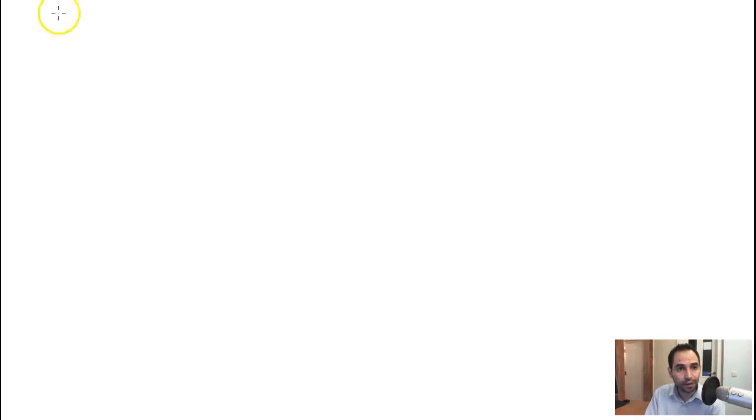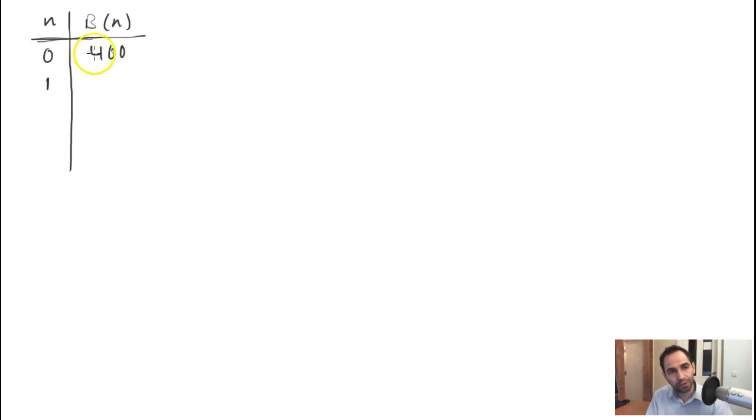For example, let's say you have a savings bank account. This is n, the balance as a function of the number of years. You start with $400, and then after 1 year, let's say you get 5% interest.